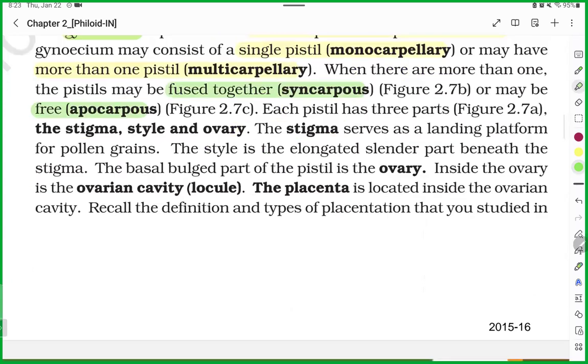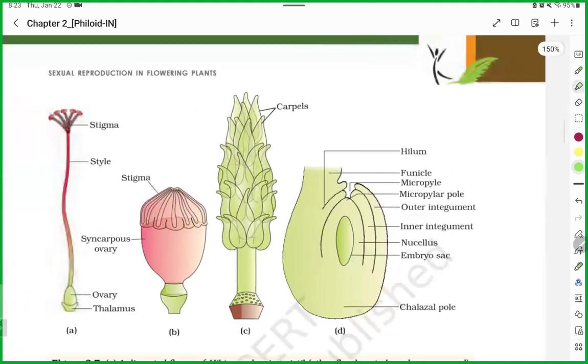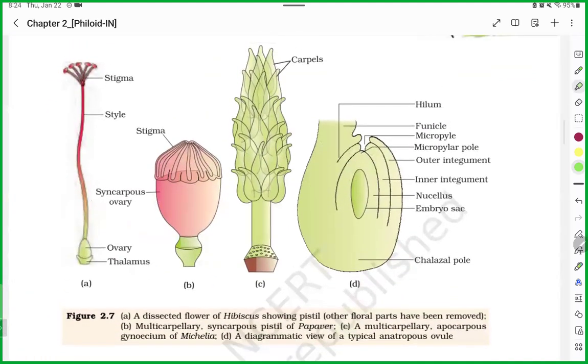Look at this. In this case, one pistil has three parts: stigma, style, ovary.